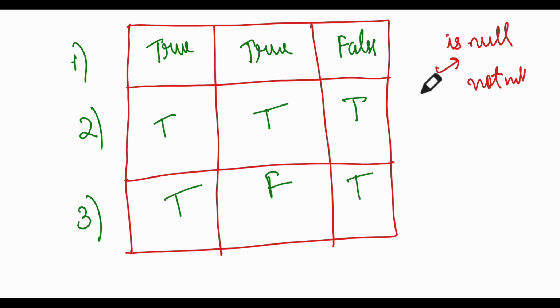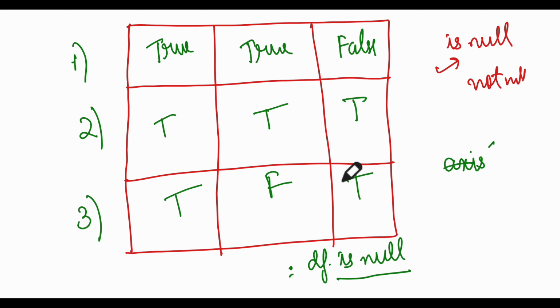So what we do here is use axis, along with df.isnull. What is isnull going to do? It will create a matrix like this. After this we have to use the any method, and axis equal to whatever you want.